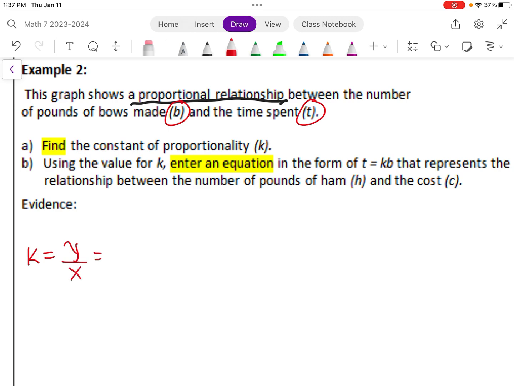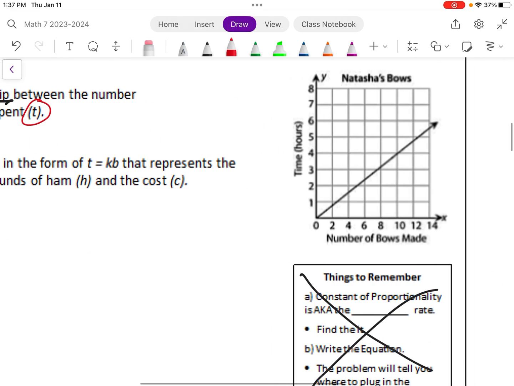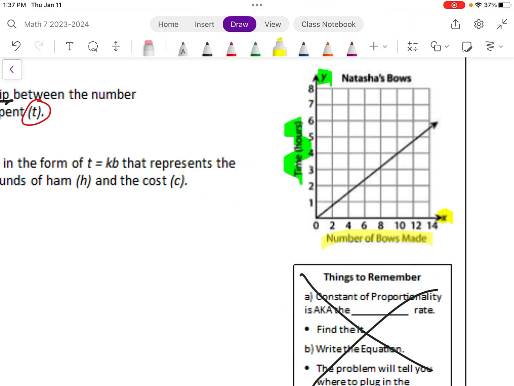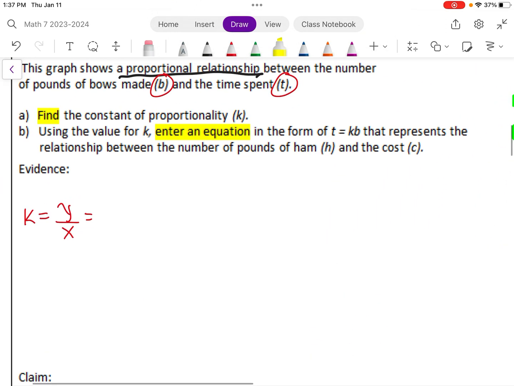The graph told us that y is going to be time, and x is going to be the number of bows. So B is going to be in the place of x, and T is going to be in the place of y.